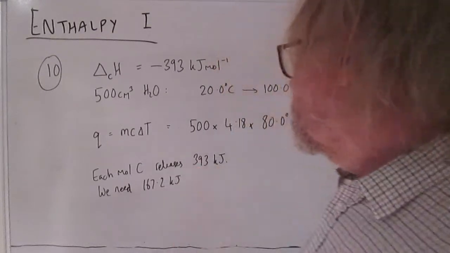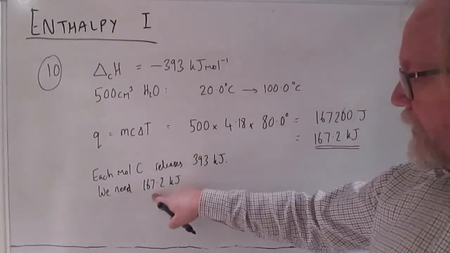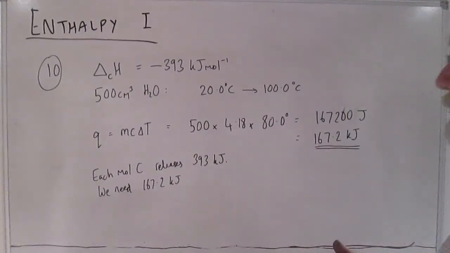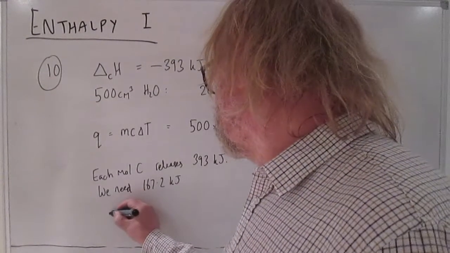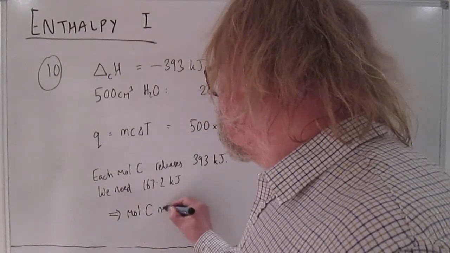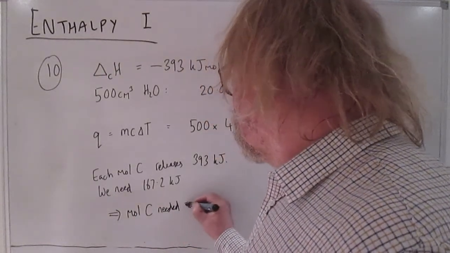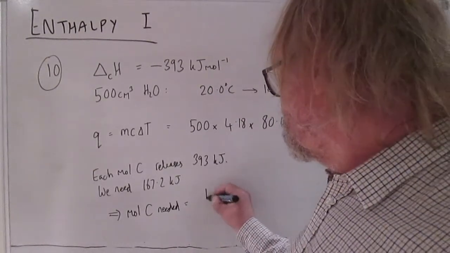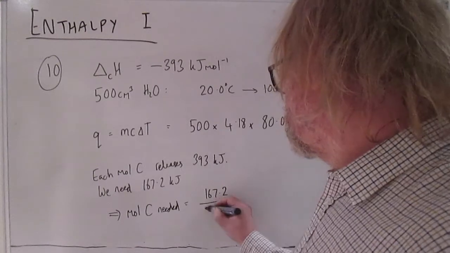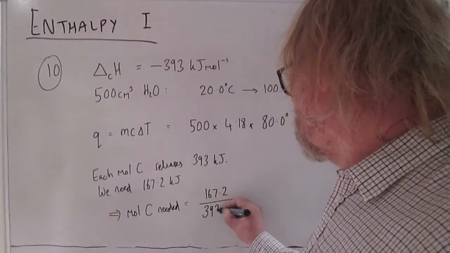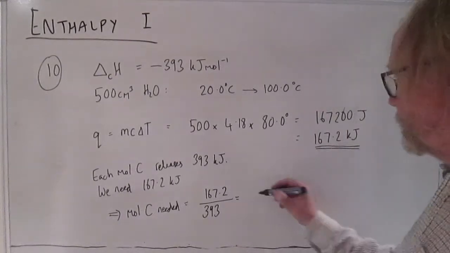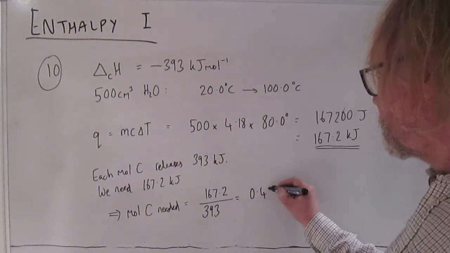So all we've got to do is work out what fraction that is of 393, and that will tell us what fraction of a mole we need. So the moles of carbon needed is the total amount we need divided by the amount per mole. So 167.2 divided by 393, which comes to 0.425 moles.